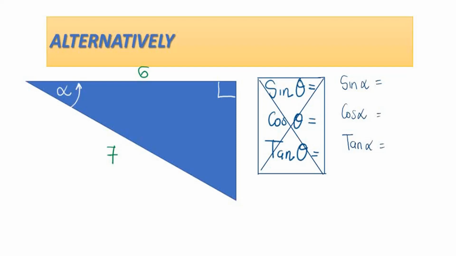But it's fine, we've just fixed that mistake. So now if we have to define our trig ratios in terms of alpha, how would we define them? Again, guys, remember SOHCAHTOA.